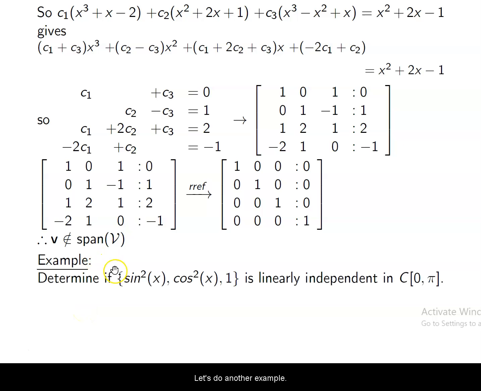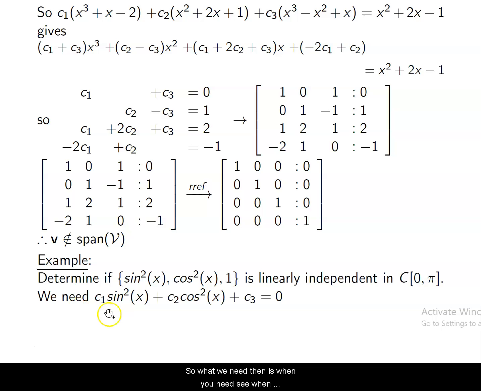Let's do another example. So let's determine if sine squared of x, cosine squared of x, and 1, this is a set of vectors, is linearly independent in the set of functions from the interval 0 to pi that are continuous and differentiable. Okay, so smooth functions.